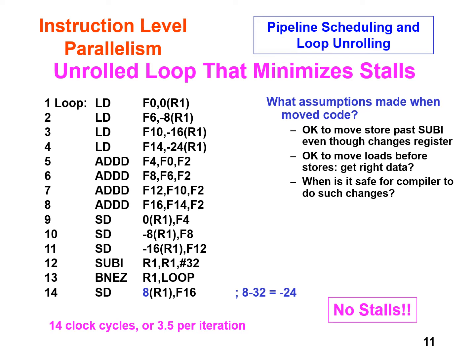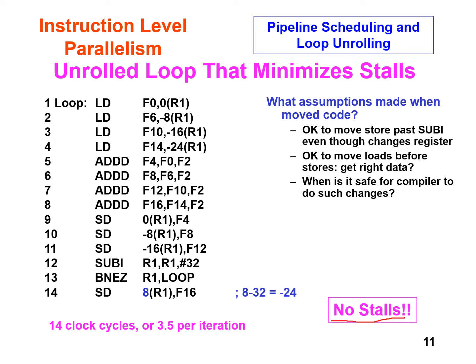In the previous way we got 7 clock cycles per iteration, but here we get only 3.5, without any stalls. That is the major thing.